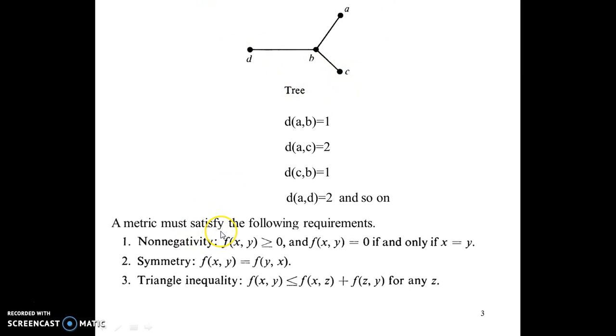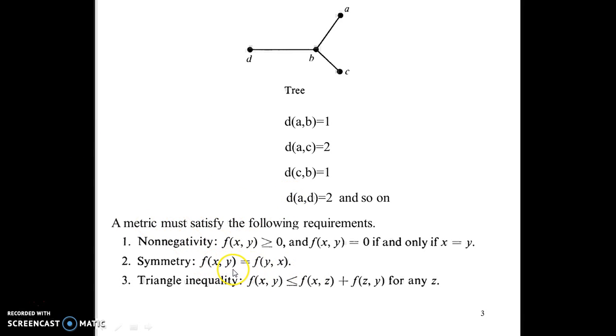Distance is a metric that must satisfy the following properties. The first property is non-negativity, then symmetry, and then triangle inequality. Non-negativity means the distance between x and y should be greater than or equal to 0, that is, it should not be negative.